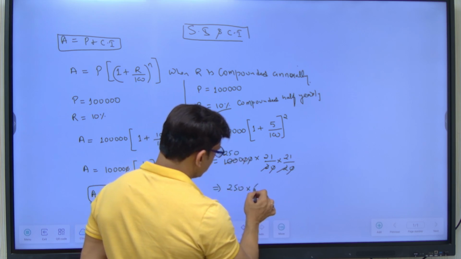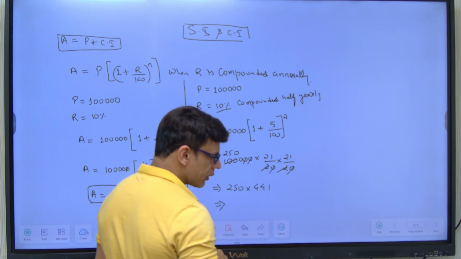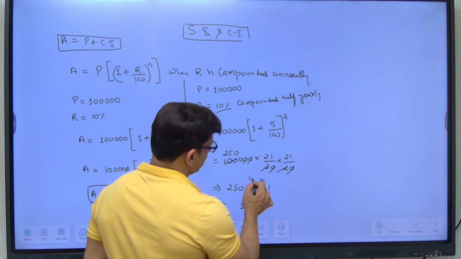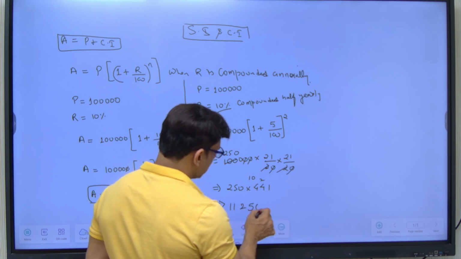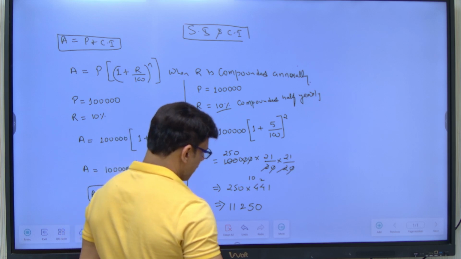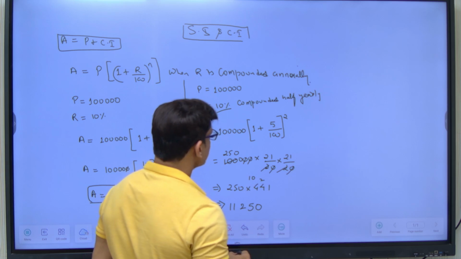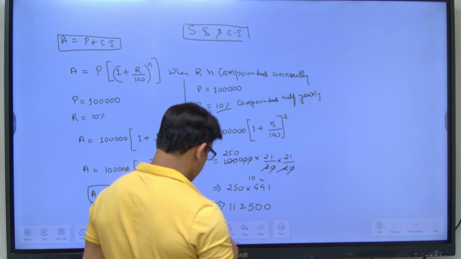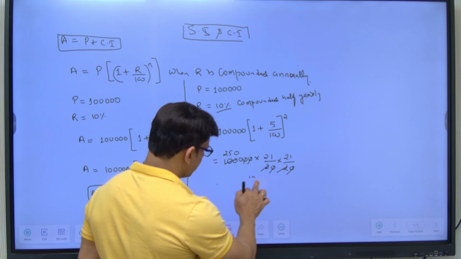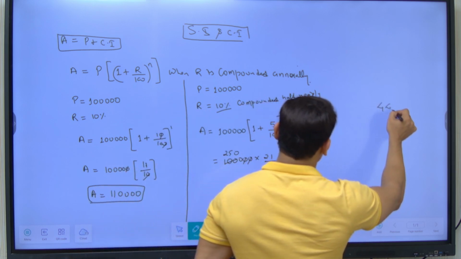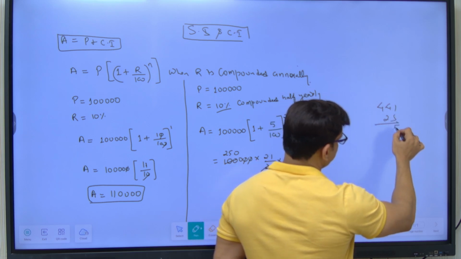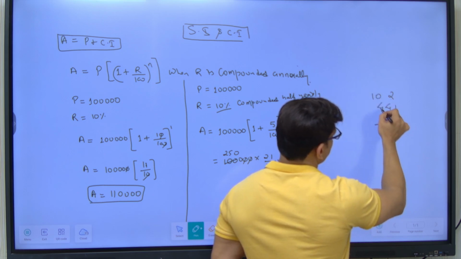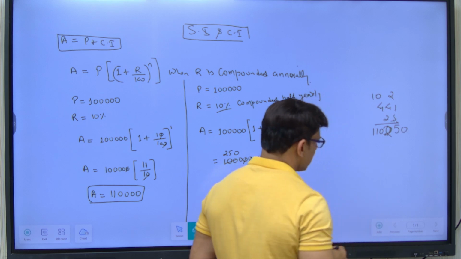Now this is 250 into 441. Multiply 441 with 25 and put 10. 25 ones are 25, 5, carry 2, 25 4s are 100 plus 2 is 102, 2, 25 4s are 100 plus 10 is 110, and put 10.